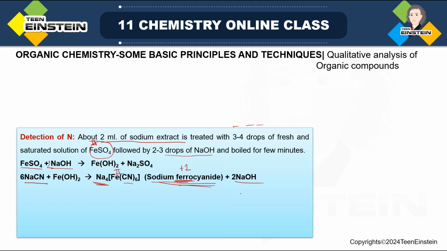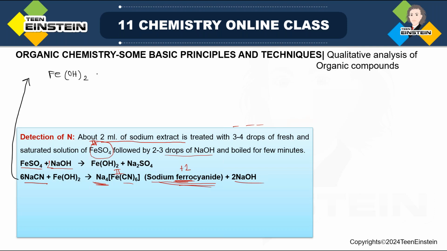Now this sodium ferrocyanide that is formed is shown in a single step, but you can write it in more than one step. So if I break it into 2 steps, what will happen? If you write it in a single step, that is one way, and if you write it in 2 different steps, that is another way to show these reactions.